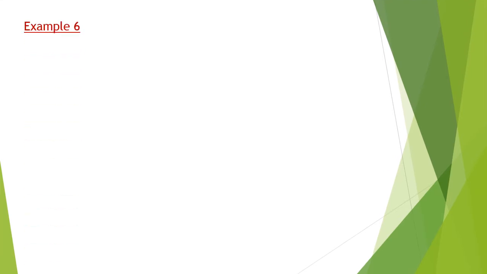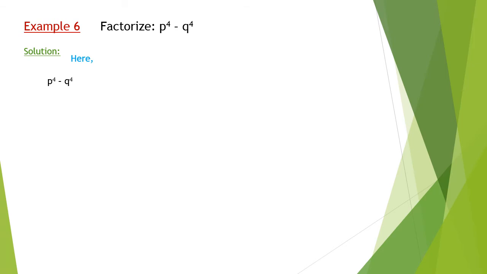Example 6: p to the power 4 minus q to the power 4. Here we have to proceed further. These terms are not in the form of a difference of square.